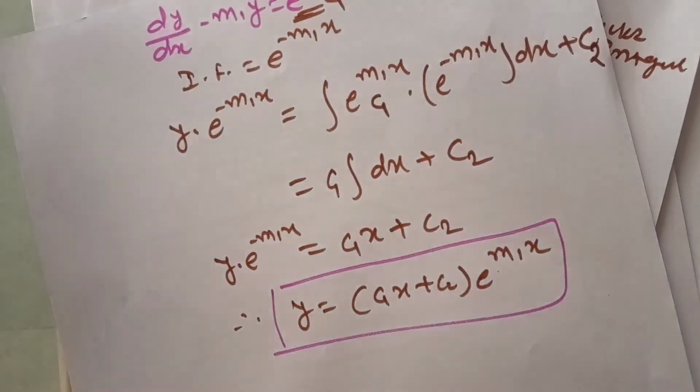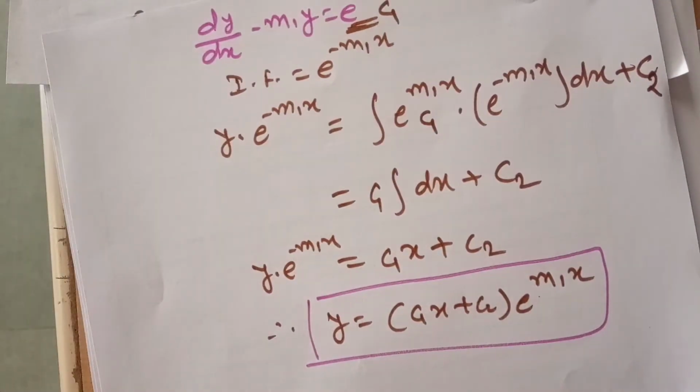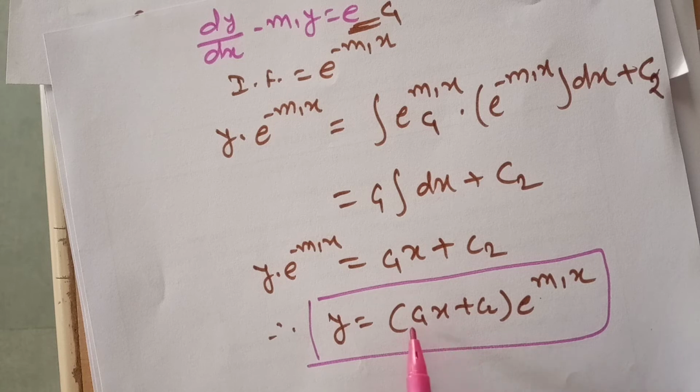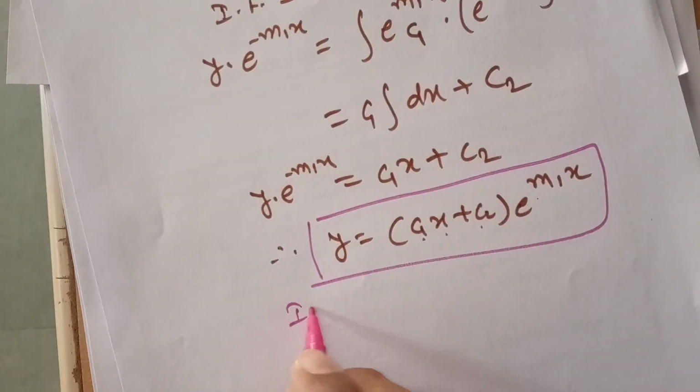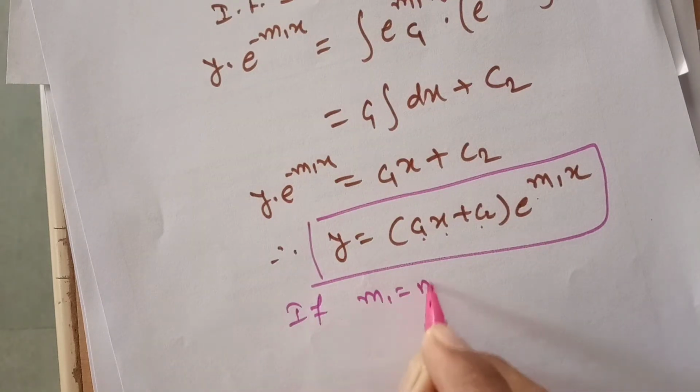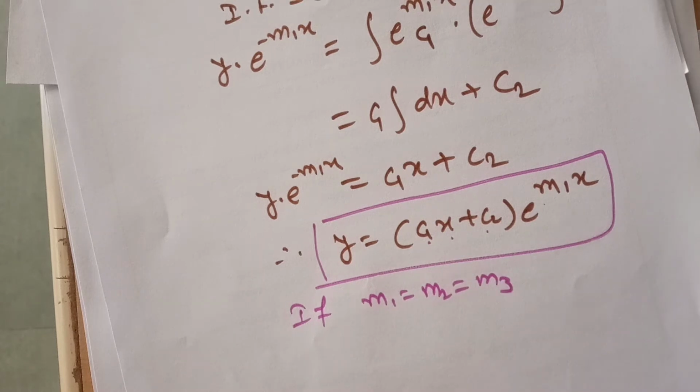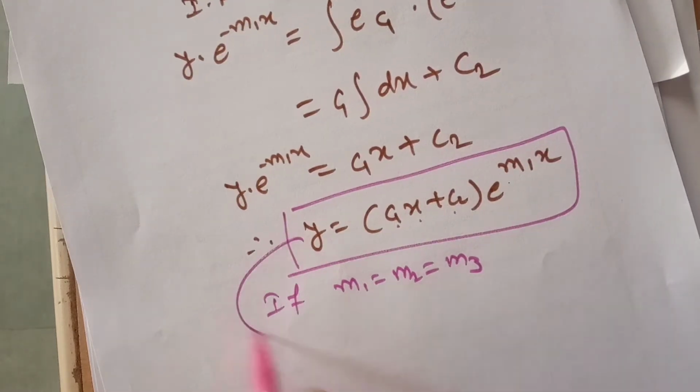And this is the condition to find out if roots are repeated. If the root m1 is repeating, then we get the solution of CF in this way: (c1x plus c2) e raised to m1x. If suppose m1 equal to m2 equal to m3, repeated three times, then what will be our CF?